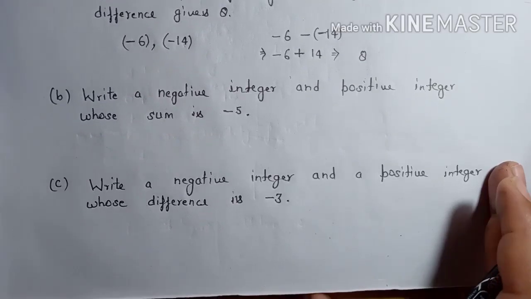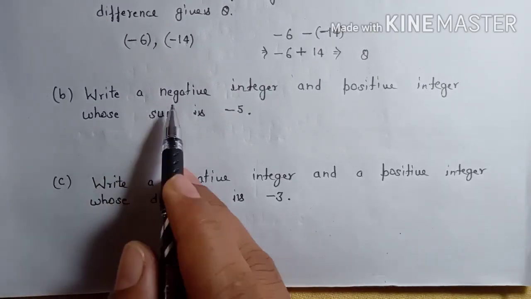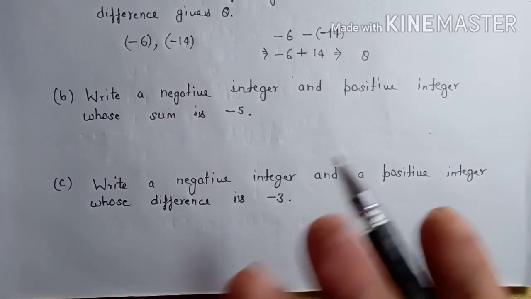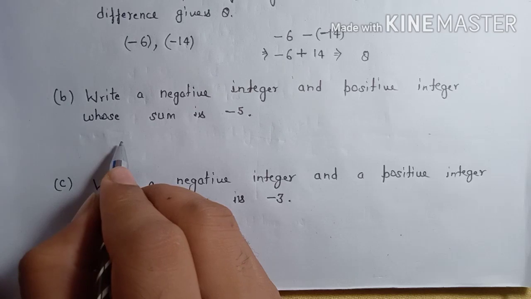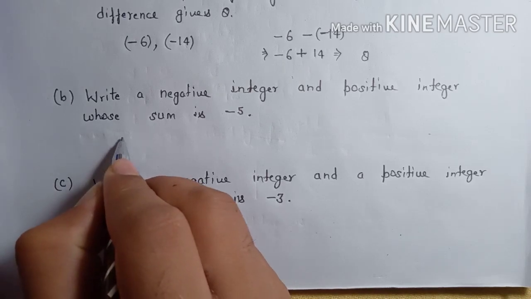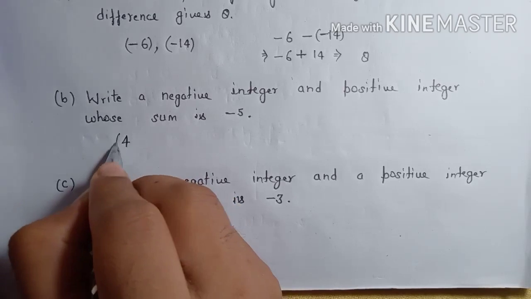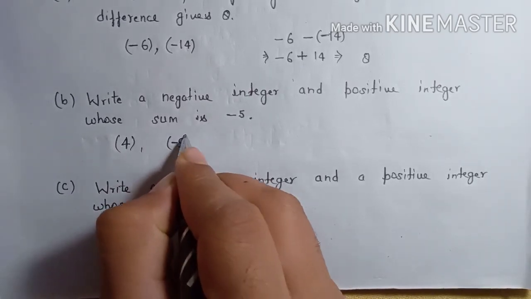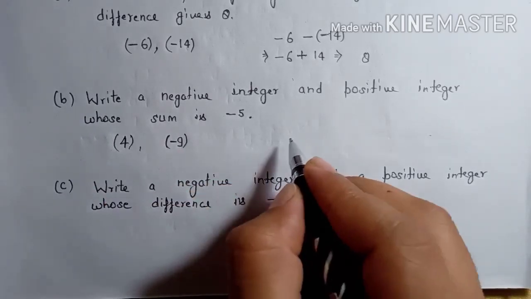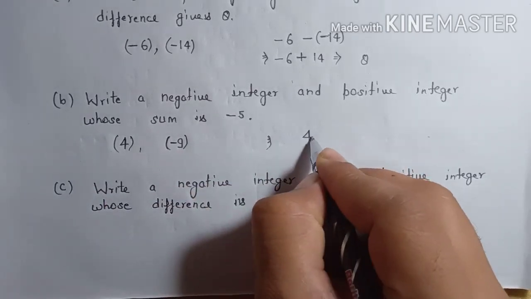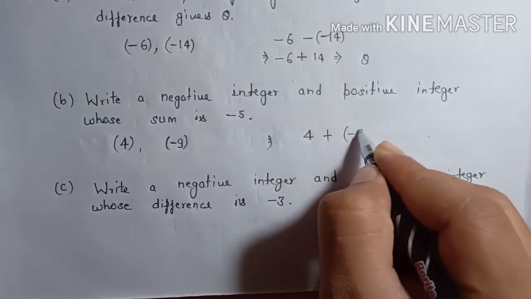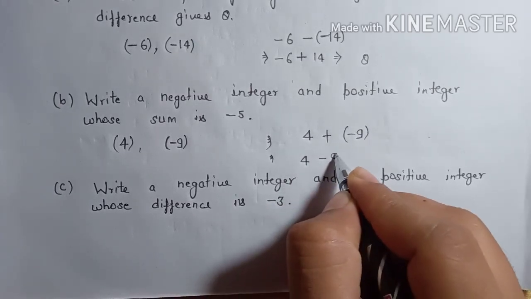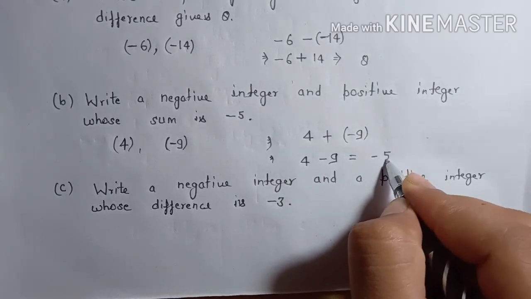See the second part. Write a negative integer and a positive integer whose sum is minus 5. Again we may have different answers, and if I write 4 and if I add minus 9 to 4, check the result: 4 plus minus 9, that is 4 minus 9, and our result is minus 5.